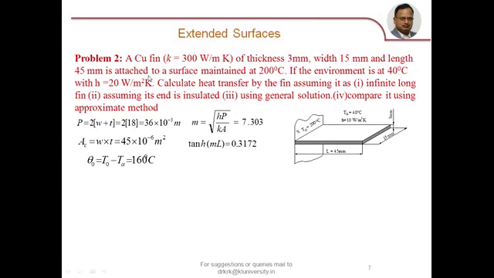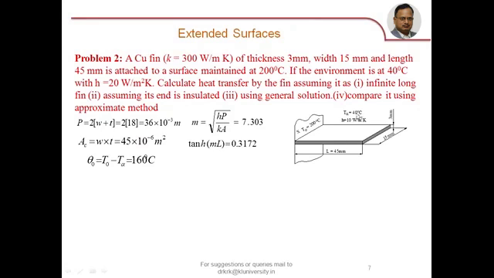Now let us go to the second problem. A copper fin, K equal to 300 watt per meter Kelvin, of thickness 3 mm, you can see this is the thickness, width 15 mm and length 45 mm, is attached to a surface maintained at 200 degrees centigrade.